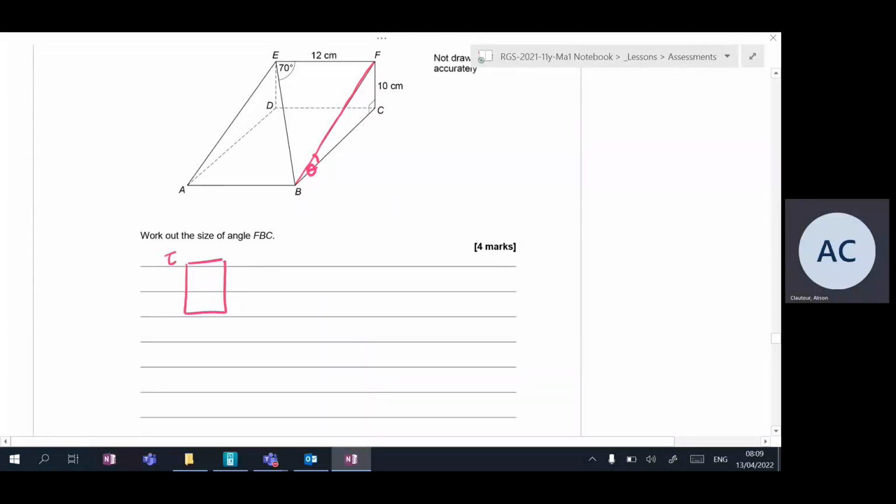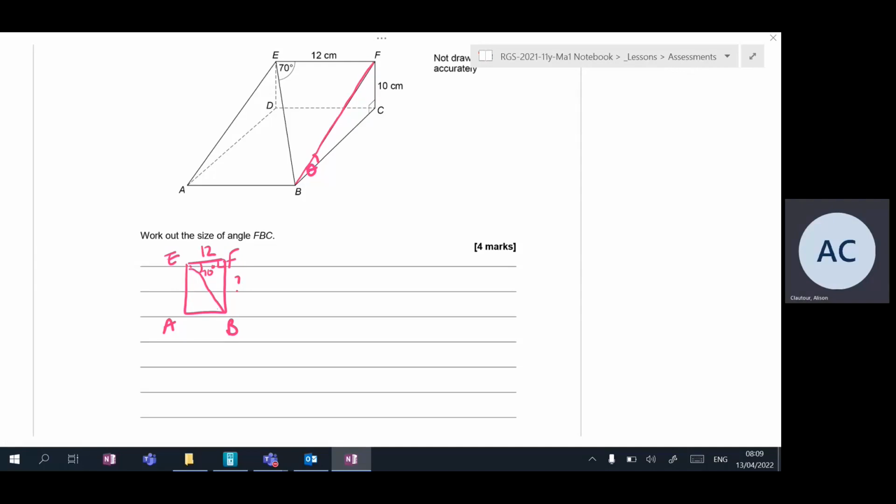So EFBA. Okay. So if we cut that down the middle, that is 70. And because it's a rectangle, that's obviously a right angle. So this is the side that we're interested in, FB, because that's the side that links the triangle that we're trying to find information out on.